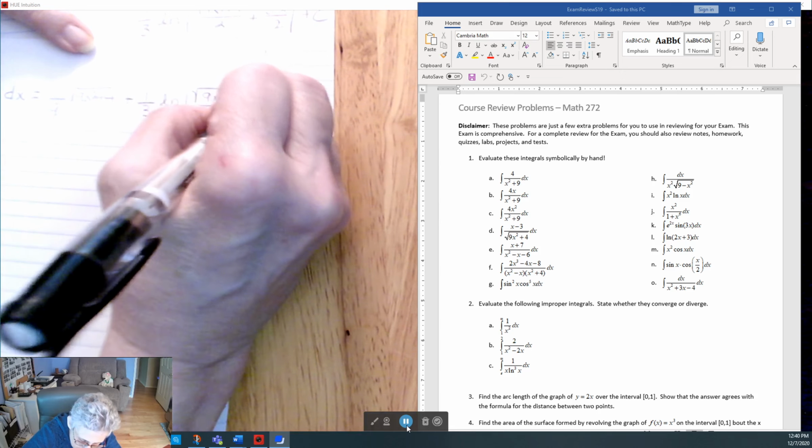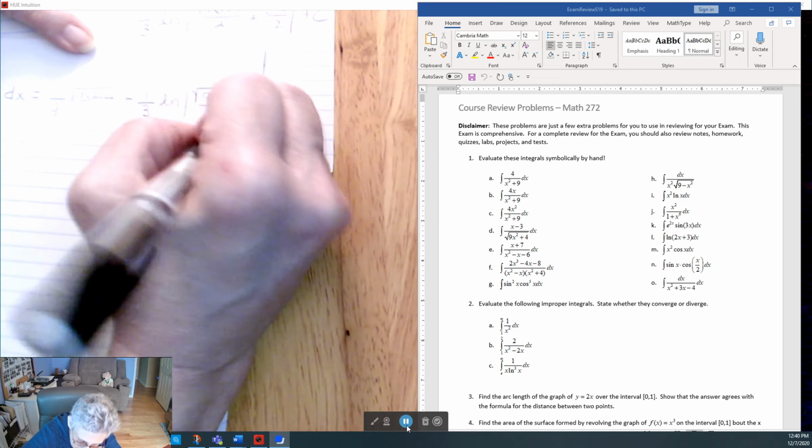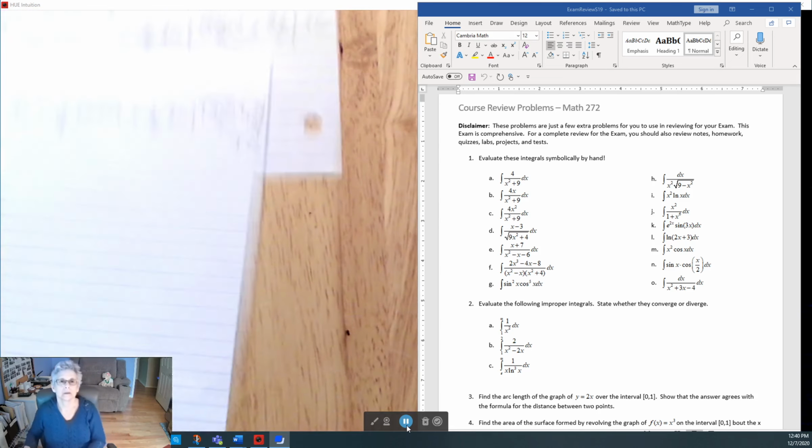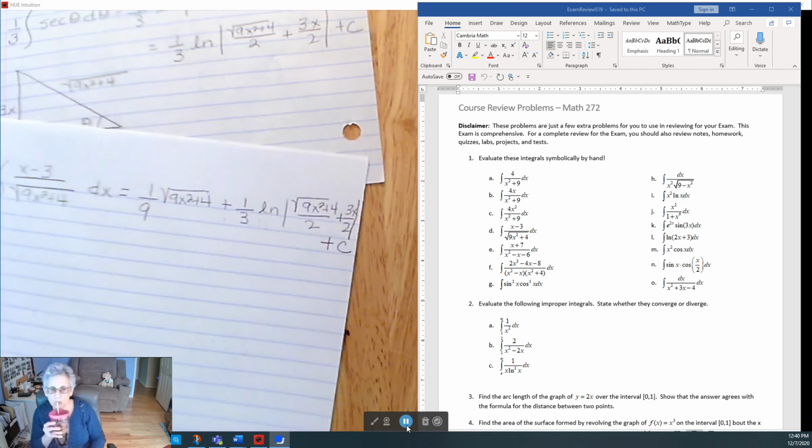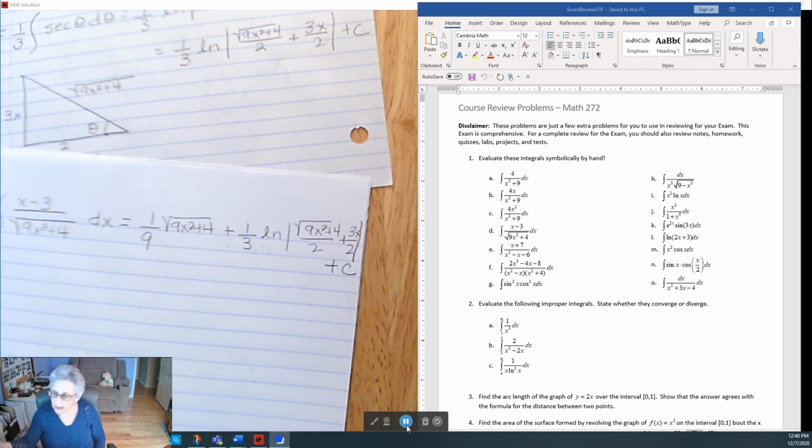And as always, I'll write 2 big plus C. Now, if you want to challenge yourself, try doing it without dividing it into 2 pieces. I'll write that down and you can compare later.